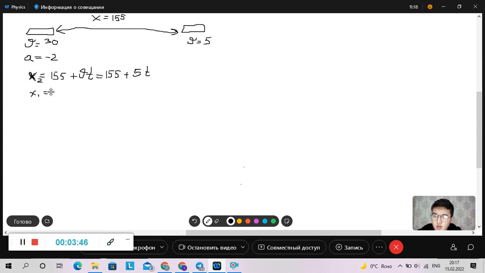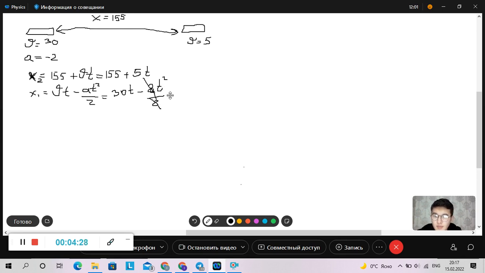This is the collision distance, and for Sue we need to write the formula vt minus at squared over 2. Then we put in their numbers: 30t minus 2t squared over 2.